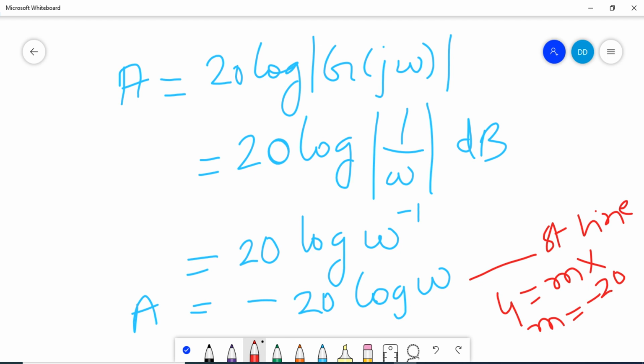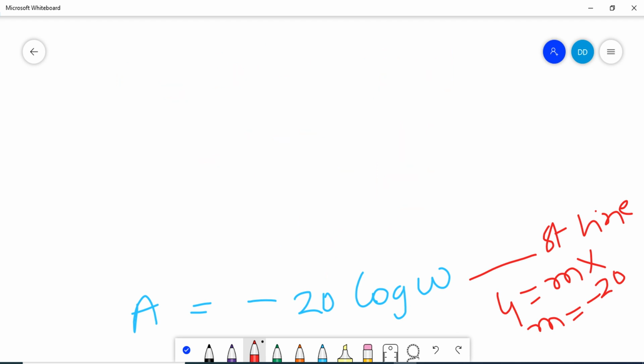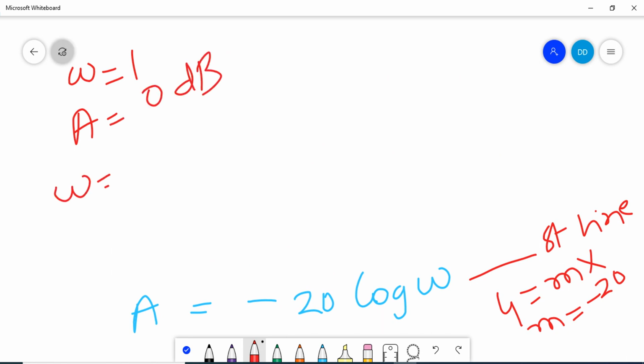Now we will substitute different values for omega and see what the value of A will be. We retain this equation. If omega equals 1, minus 20 log 1, A will be equal to 0 decibels. What about omega equal to 10?